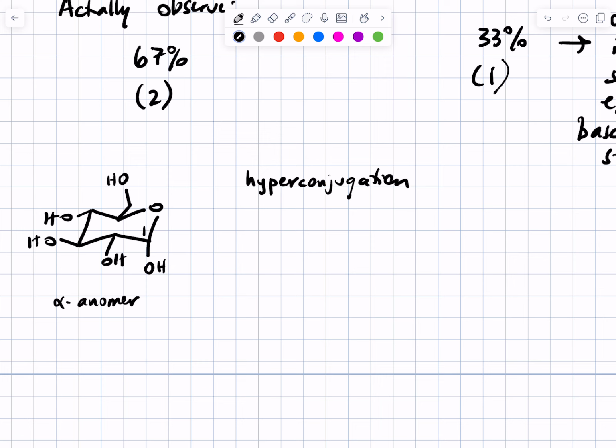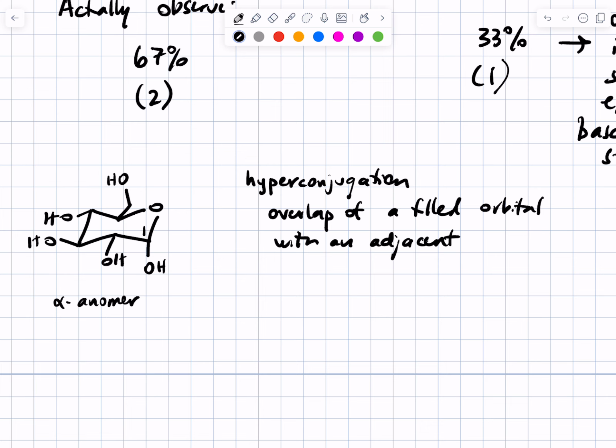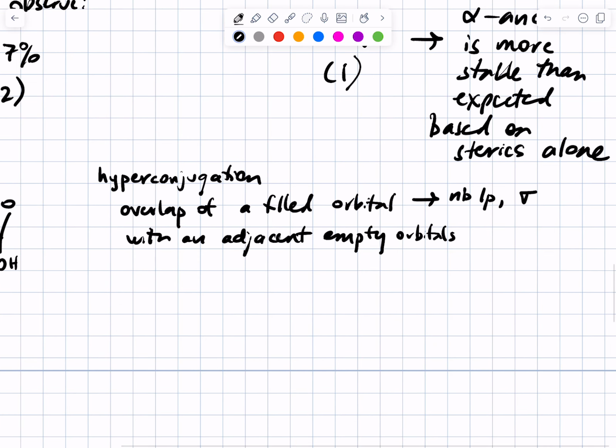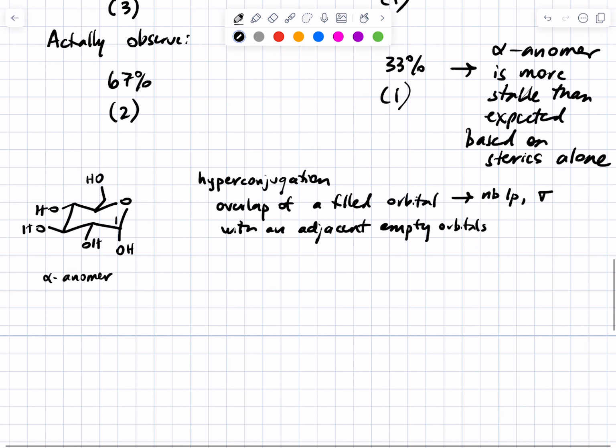So remember, hyperconjugation is overlap of a filled orbital in a molecule with an adjacent empty orbital. And usually when we're talking about filled orbitals, we're thinking of non-bonding lone pairs, or as an example, a sigma bonding orbital perhaps.